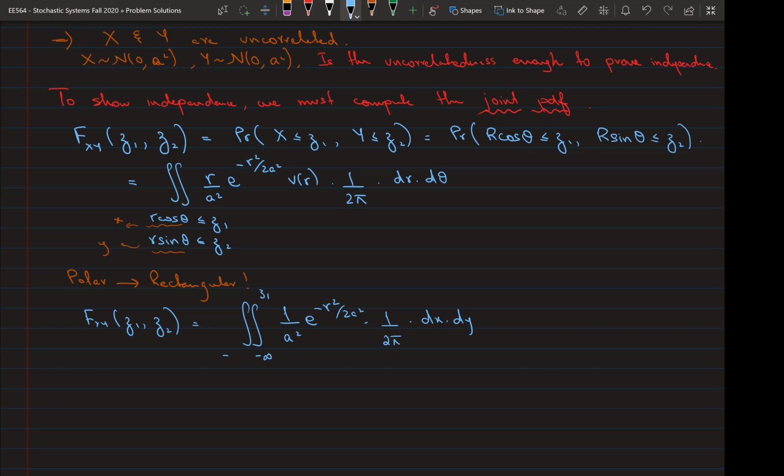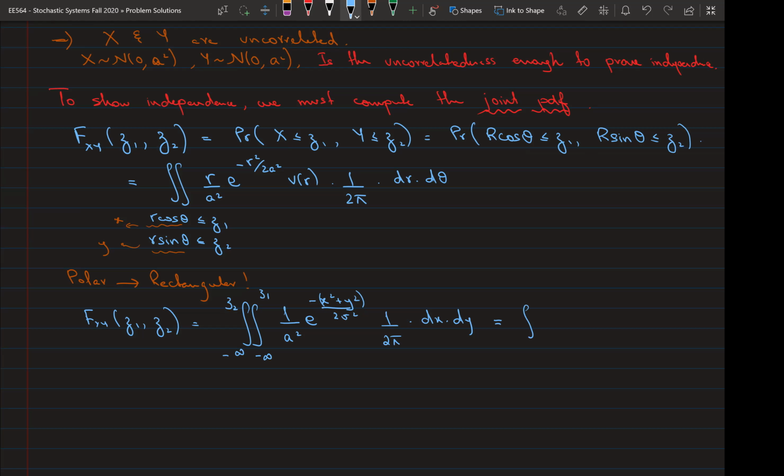Integral over y goes from minus infinity to Z2, and of course r squared is x squared plus y squared over 2 sigma squared, and there's a bracket here. Okay. And once again, we see that the integrals are separable, and that makes our life a lot easier.